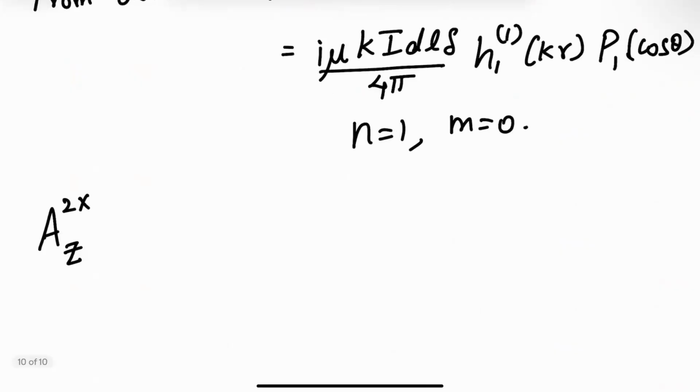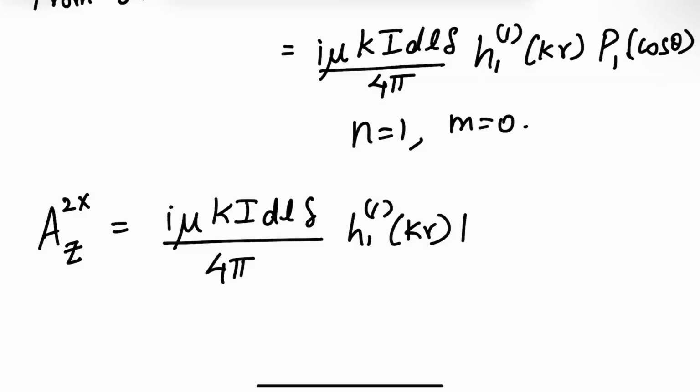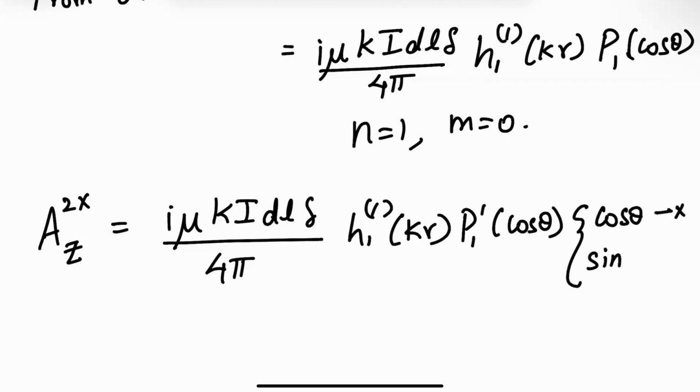So if you shift it in x, you can show that this gives you i mu k i dl delta over 4 pi h11 of kr P11 cosine theta times cosine theta in case of the x case and sine theta in case of the y case. So I should say x comma y.